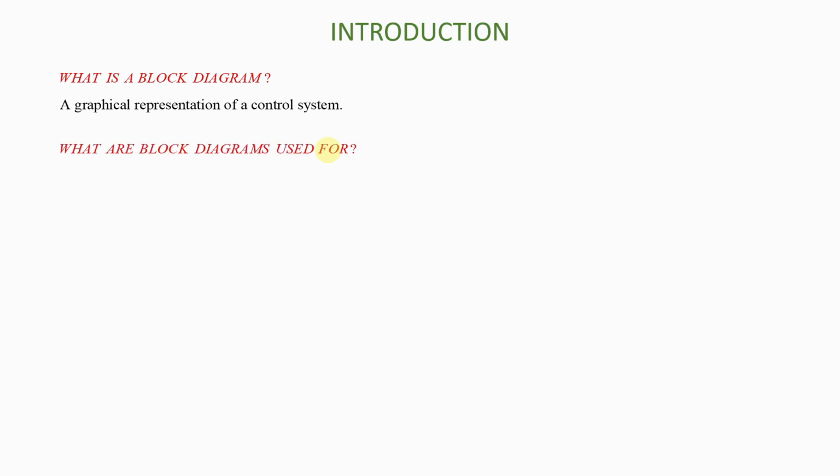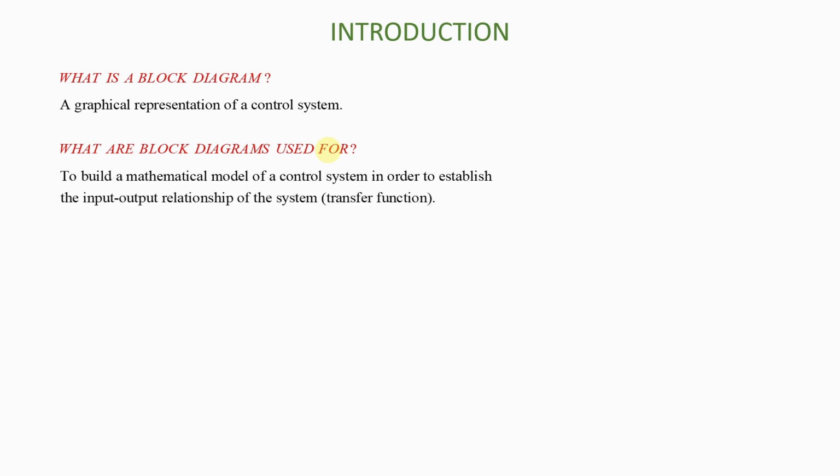And why is a block diagram useful? They are useful because they allow us to build a mathematical model of the control system that will help us establish a relationship between the input to the system and the corresponding output. So that is very, very important.